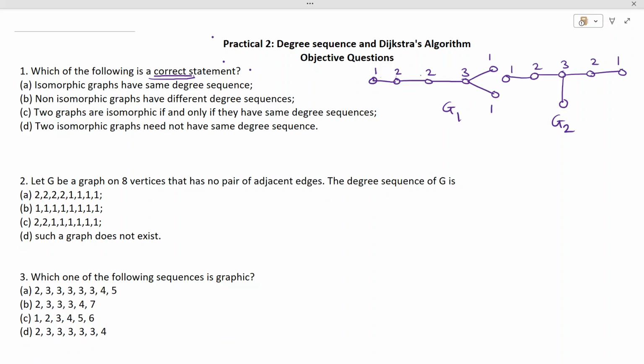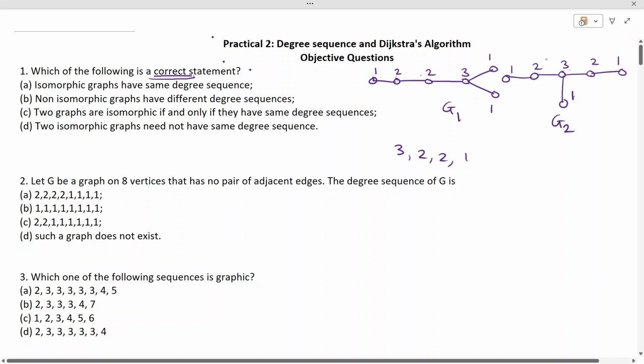1, 2, 2, 3, 1, 1 and 1, 2, 2, 3, 1, 1. If you observe graphs G1 and G2, they both have the same degree sequence, that is 3, 2, 2, 1, 1, 1.